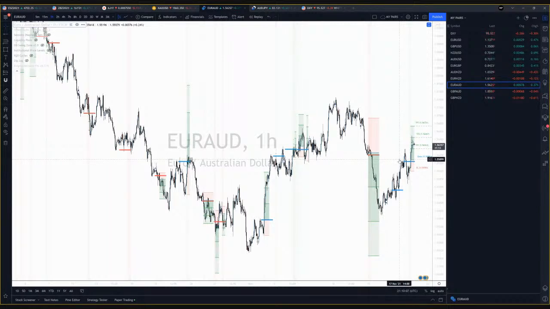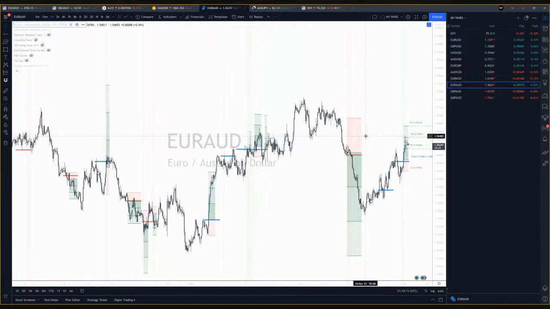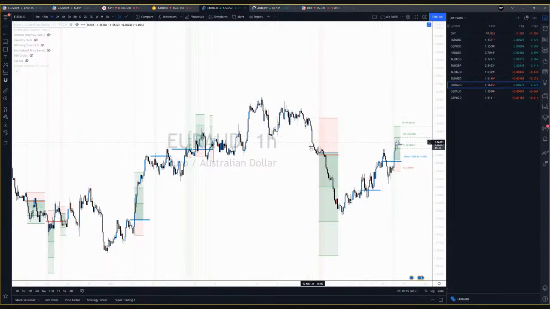What that is telling you, and that's what I saw initially, is that you can use just the red and blue things that you see on your chart to confirm the direction that you're supposed to be trading in.